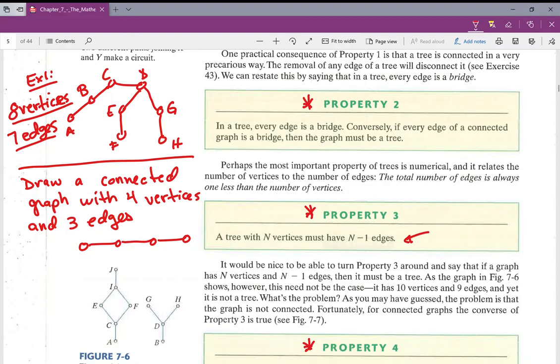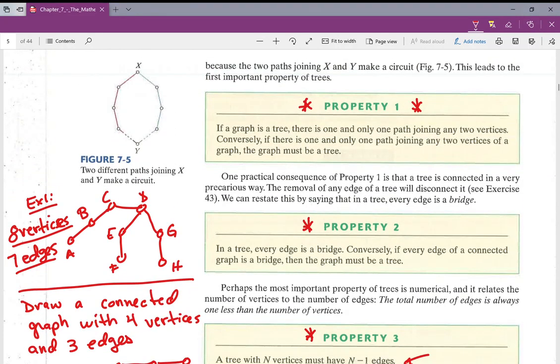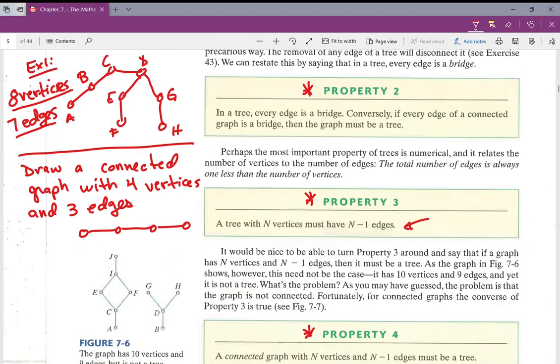We have to add something more, like it's connected, or that there's only one path joining all of the vertices. We have to add something more to it. So this is a weak condition, and I say it's a weak condition because we have to add something more.